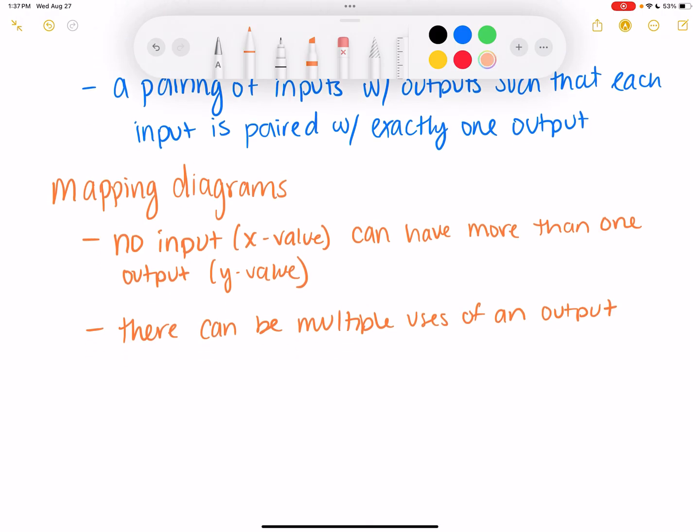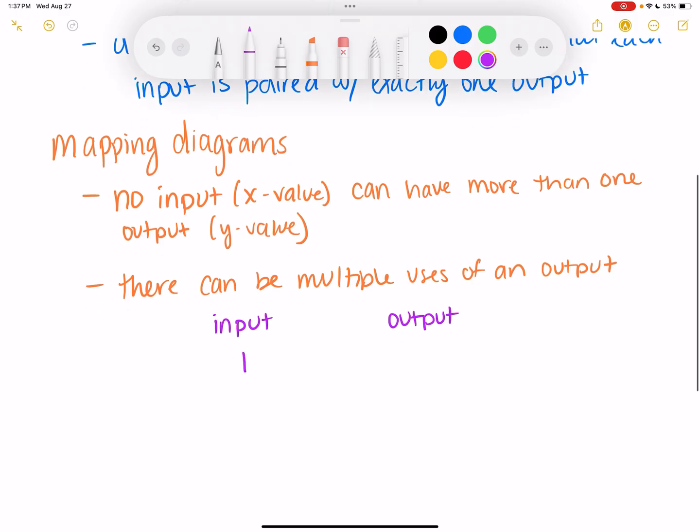So an example of what one of these would look like, basically we would have an input column and an output column. I could have the numbers 1, 2, 3, and 4 in my input column, and 0, 1, and 2 for the output.